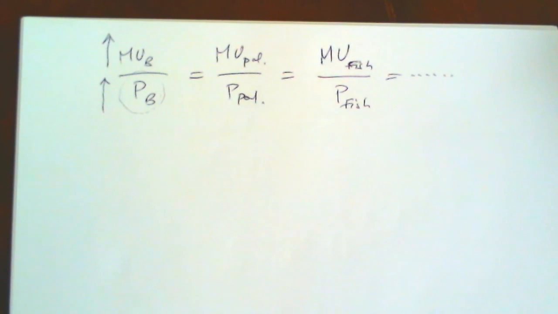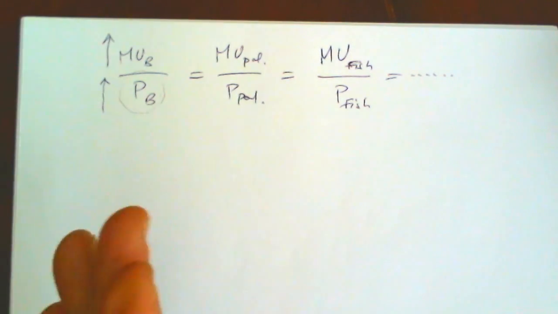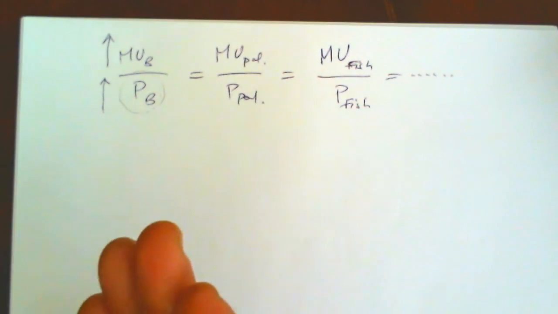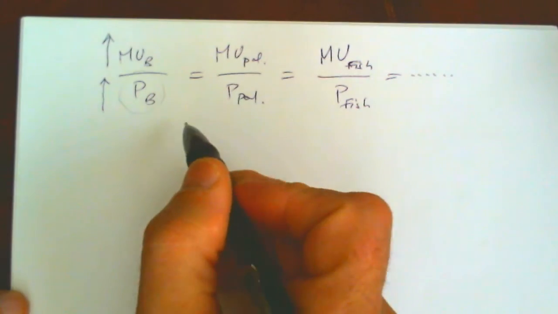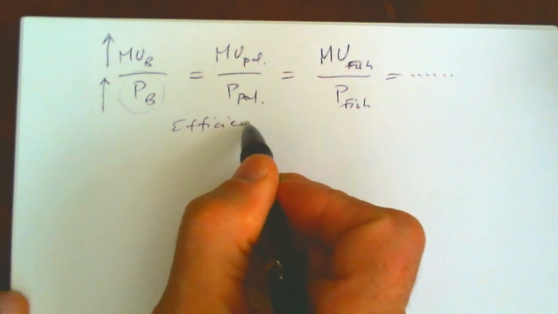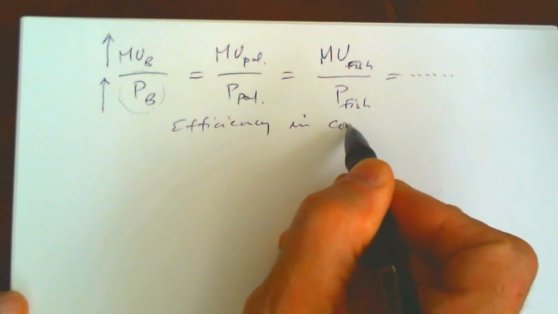You could have used the money to buy something else instead. And when by and large you try to achieve this balance between all your choices, we call that efficiency in consumption.